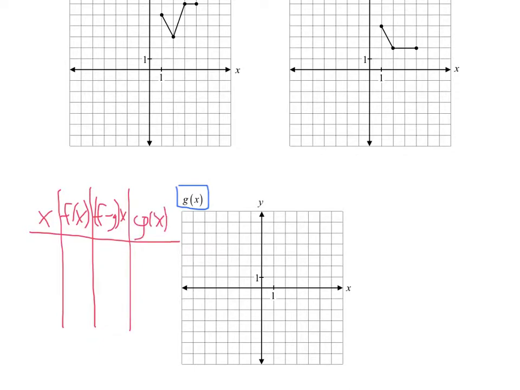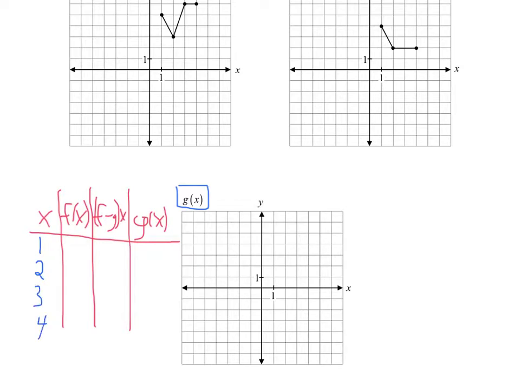So if I look at my first value, you can see my x values range in both graphs, starting at an x value of 1. So we have a common domain to both graphs: 1, 2, 3, 4.